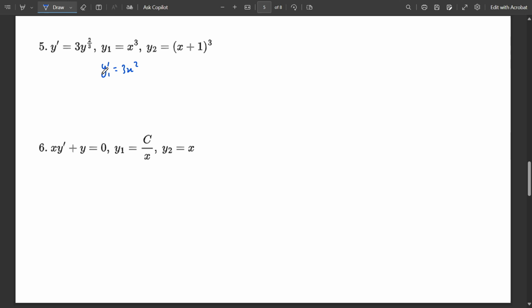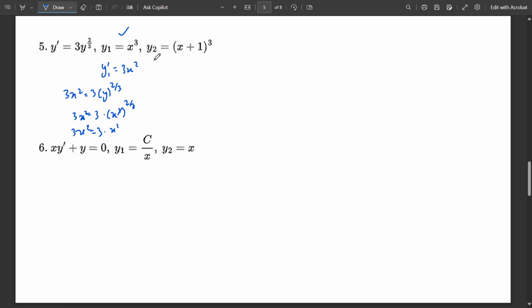And we just substitute it, so we have 3x squared equals 3 times y to the power of 2 over 3. Well, y is x cubed. We have 3 times x cubed to the power of 2 over 3. And here we can cancel, and we have 3 times x squared. Well, this is the same, so this is a solution to this differential equation.